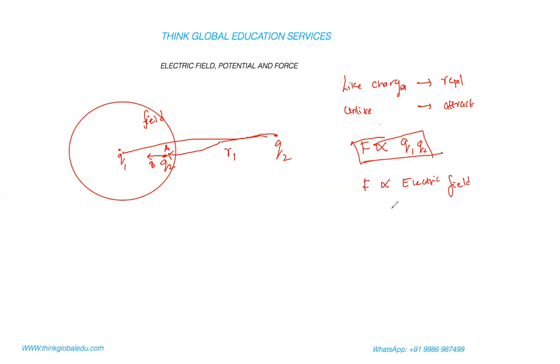So what would be the force here? The force felt by Q2 is due to the electric field of Q1. So the force felt by Q2 is equal to E multiplied by Q2, that is, the electric field due to Q1 multiplied by Q2.